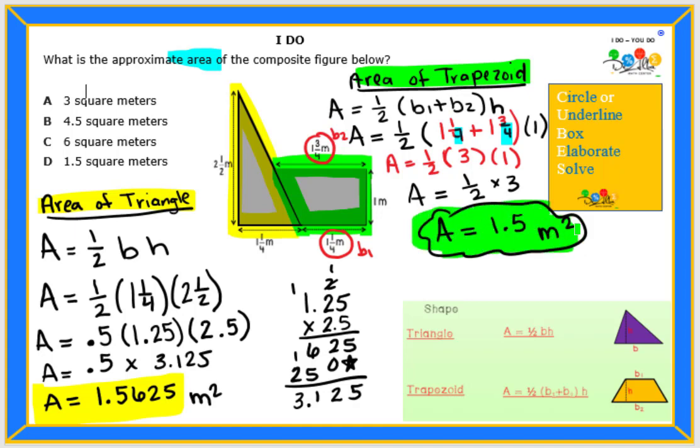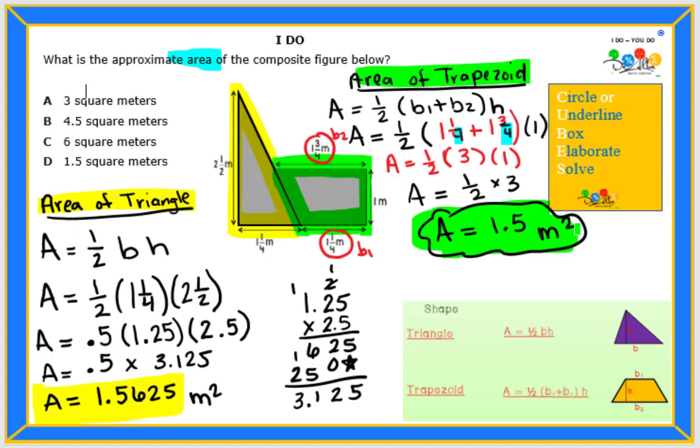So we have our two shapes that are making up the composite figure. This composite figure is made up of the two shapes put together. So to get the total area, we're going to put the two areas that we got together. So for the triangle, I have 1.5625.